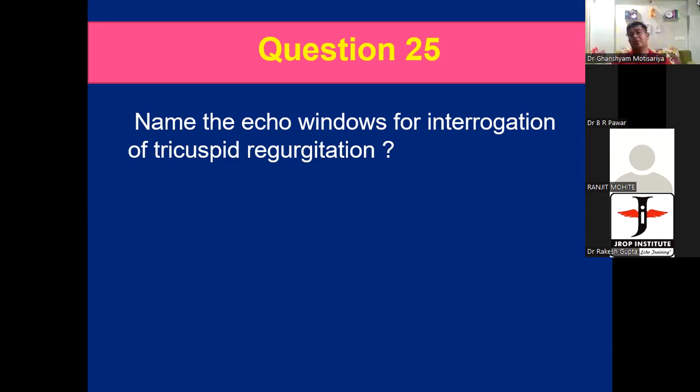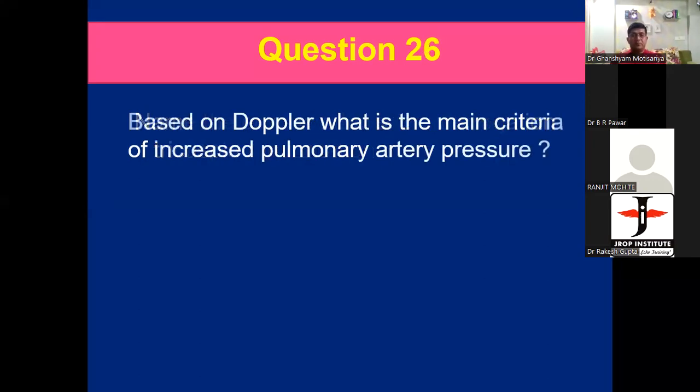Even the modified apical four-chamber can show tricuspid regurgitation. How do you modify the apical four-chamber? I'm giving you a lead. Sir, by focusing on the RA and RV, shifting one intercostal space up and towards the mediastinum.